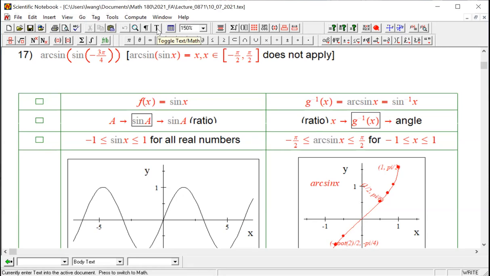The confusion is between the sine domain and the inverse of sine. Any trigonometric function, because they're periodic, cannot have an inverse unless we restrict it. Therefore, we create the inverse for sine, and we can now use sine with any angle, any input, and go for the arcsine of that.